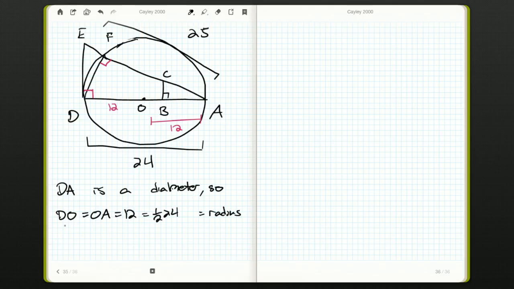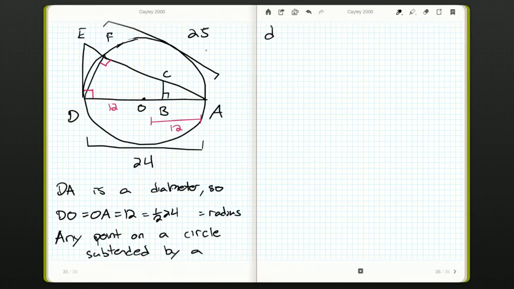Now, how do I want to say this? If you have a point on a semicircle, which is what the top part of this is, so if you have a point on a circle and you connect it up with a diameter to make a triangle, that will always be a right angle triangle.